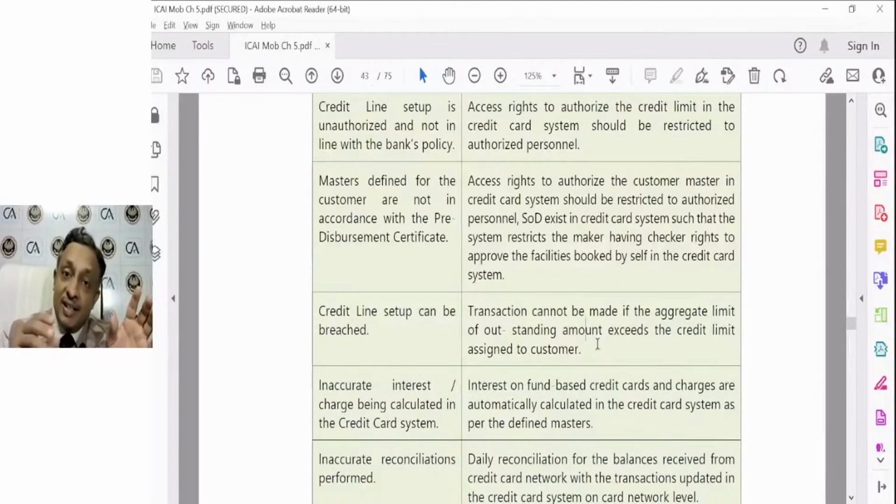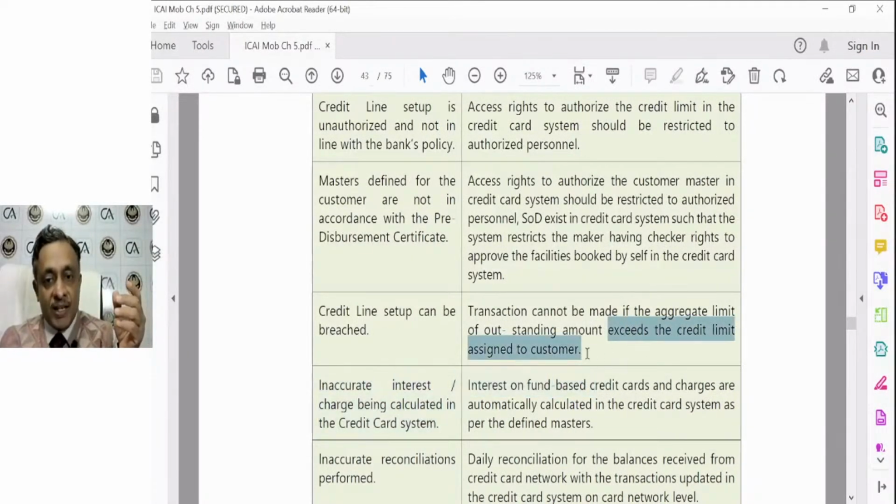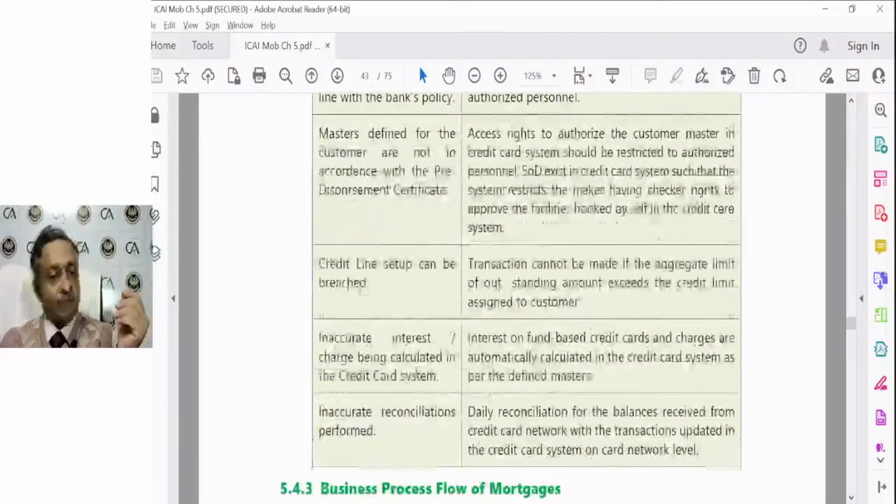Now, suppose the next payment you want to do is for 25,000. 500 you have consumed and the next payment you want to do is for 25,000. The credit card network, when it is validating the transaction, automatically declines it. Why? Because it is exceeding the limit set for the customer. That is how it works.